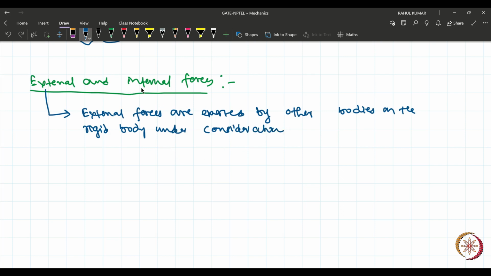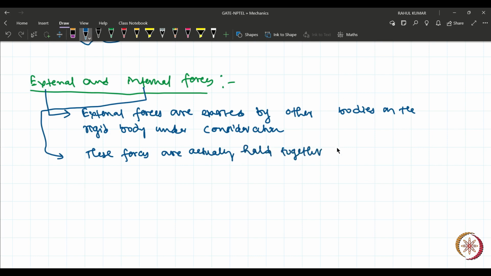Now, what is an internal force? These forces actually hold together the particles inside the rigid body.